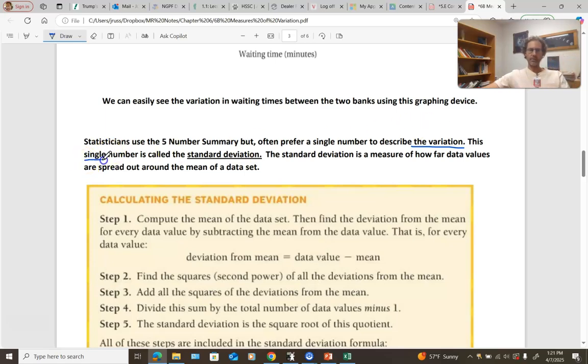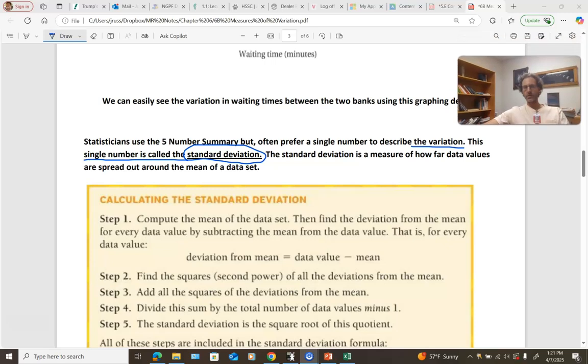And this single number that we're going to use is something called the standard deviation. The standard deviation is a measure of how far data values are spread out around the mean of a data set. So that's what we're going to look at in the remainder of this section. I'm going to go ahead and stop part 1 right here, and we'll finish this up in part 2.